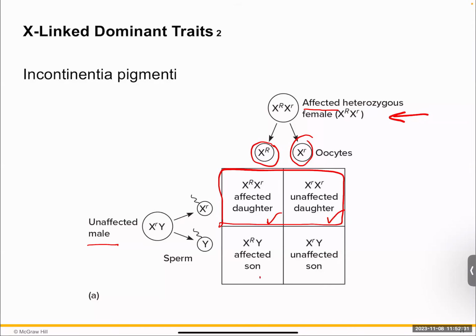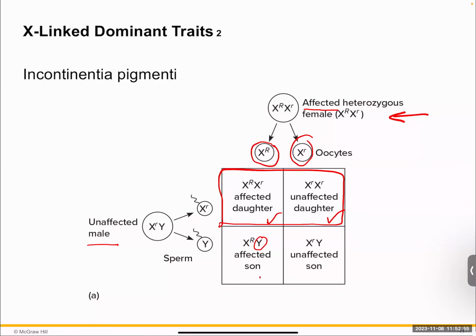In the bottom half of the Punnett square, we're describing our males. So one thing is that the mom can pass the X that has the dominant gene, which means the son is going to be affected because the dad is not contributing anything other than the Y. So it is X-linked, so the Y is not going to do anything.